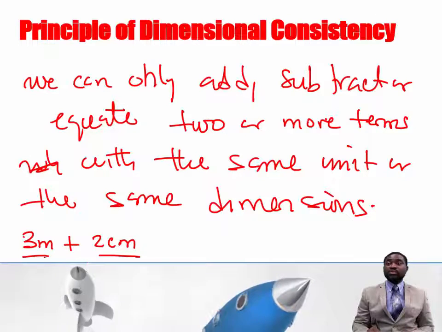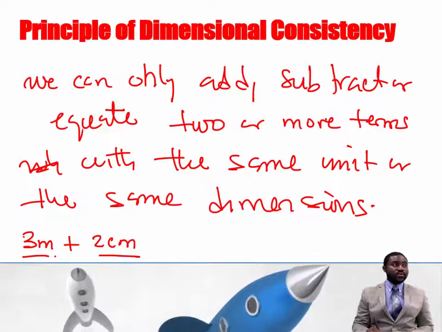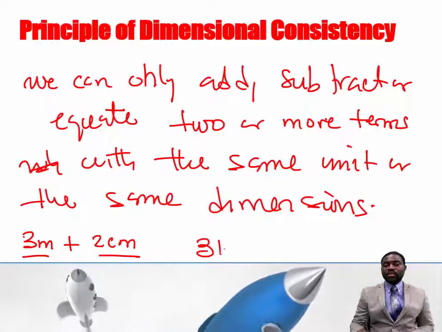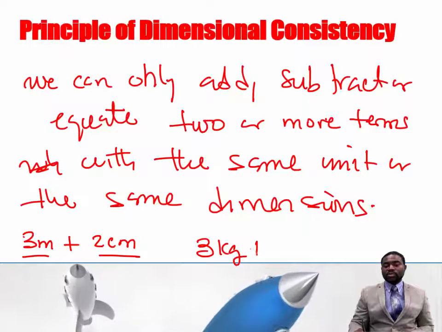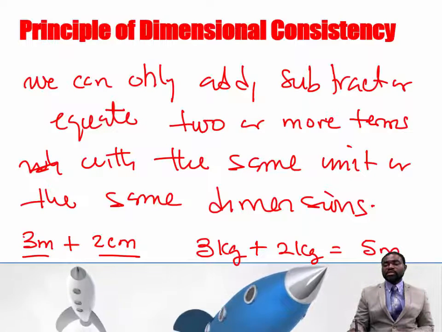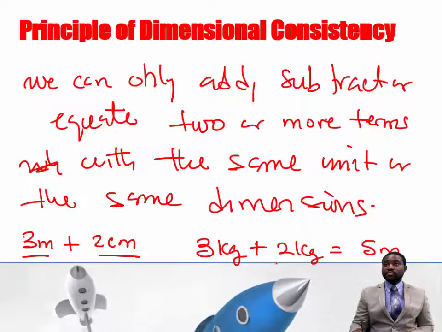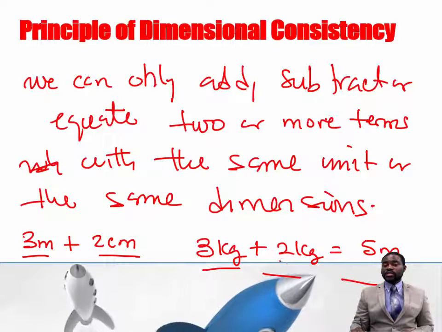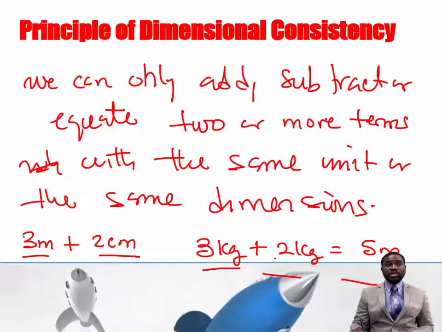You cannot add two numbers with different units. Do you understand me? If you have 3 kilograms plus 2 kilograms equal to 5 meters, this could not happen because the units are what? Different. Do you understand that?